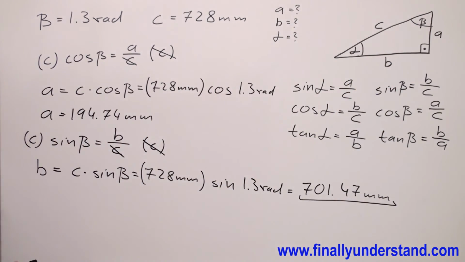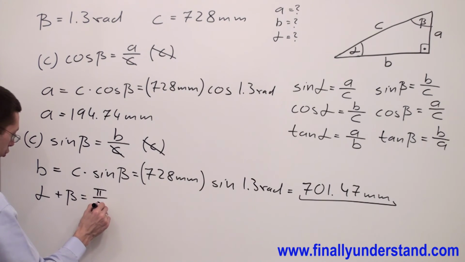Next, I'm supposed to keep in mind that the sum of angles alpha and beta is equal 90 degrees, but 90 degrees converted to radians is equal pi over 2.